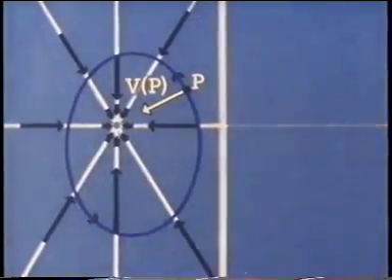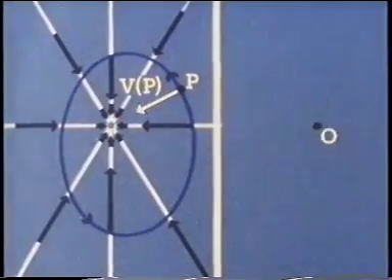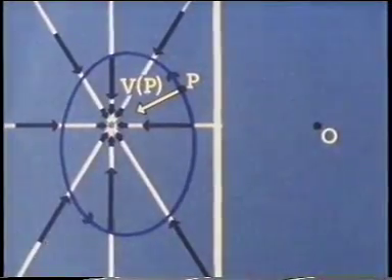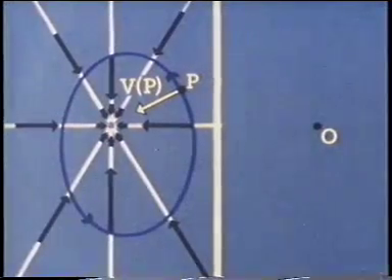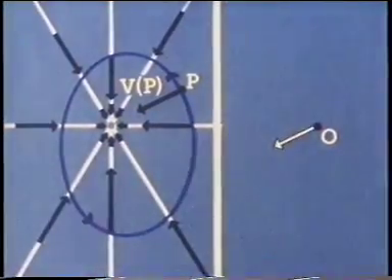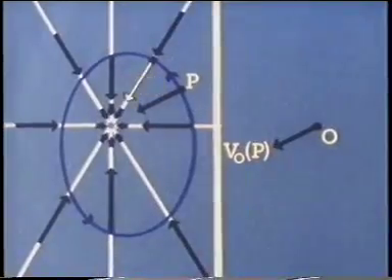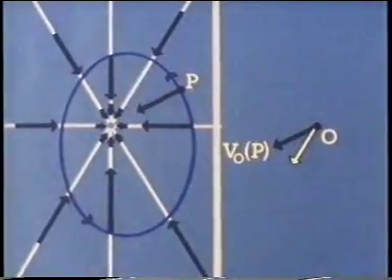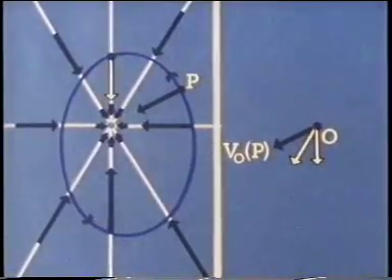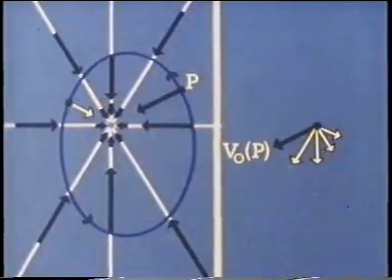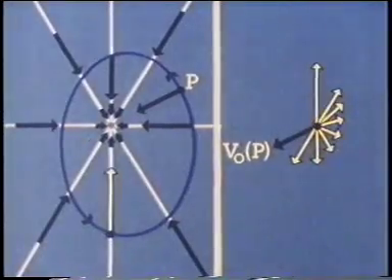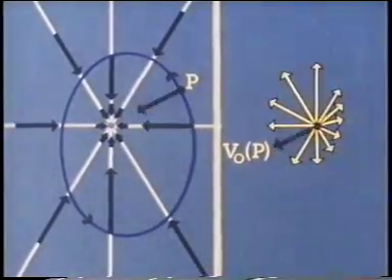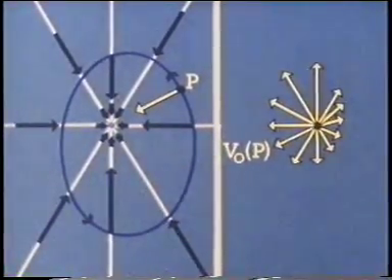The variation can be seen more easily if we base the vectors at a fixed point O. That is, for each point P, we take a copy of the vector V of P. So, the directions of the vectors vary anti-clockwise by one complete revolution.